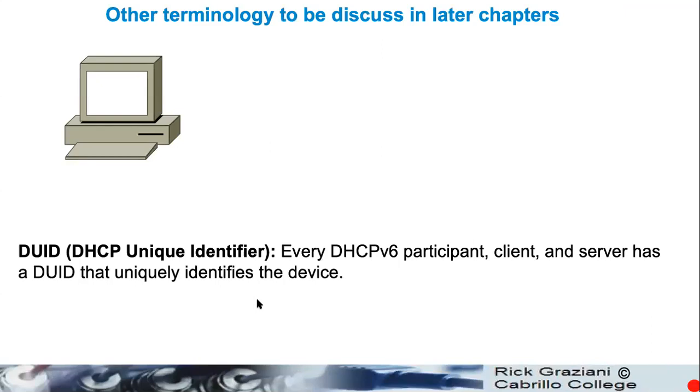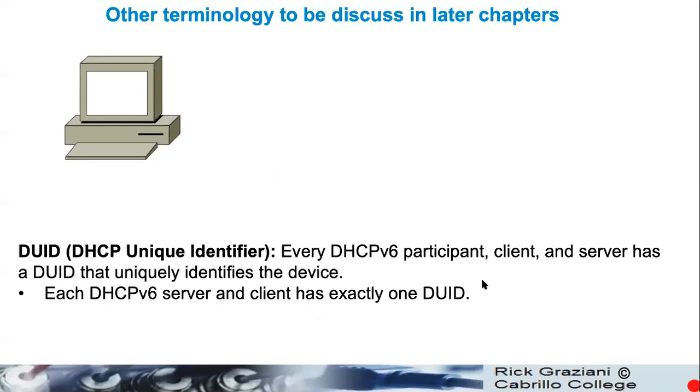Okay, something to think about or to know about is something known as the DHCP unique identifier. So this is a little different with IPv6. We'll talk more about this when we talk about DHCP in a later chapter.